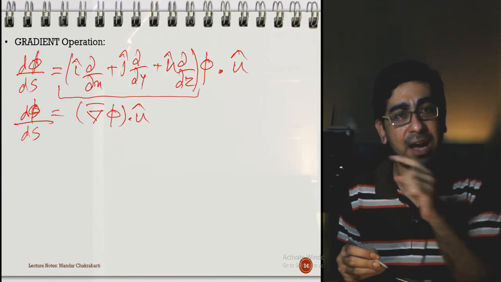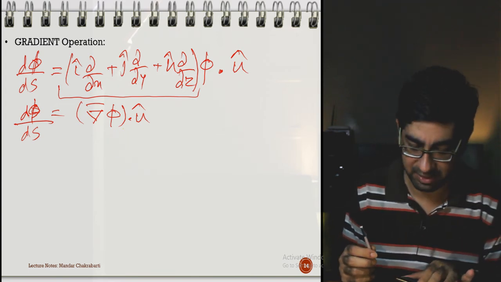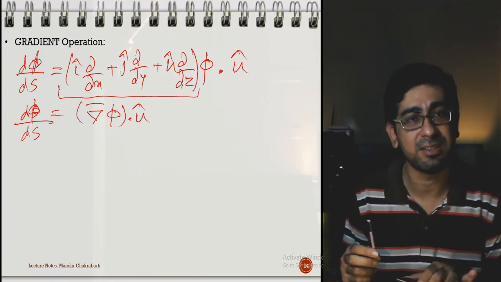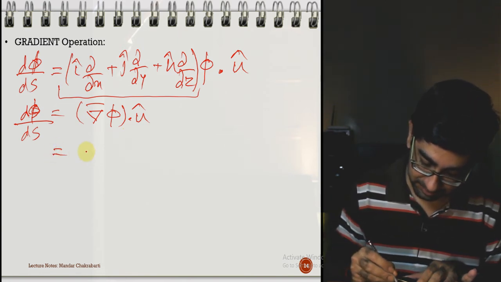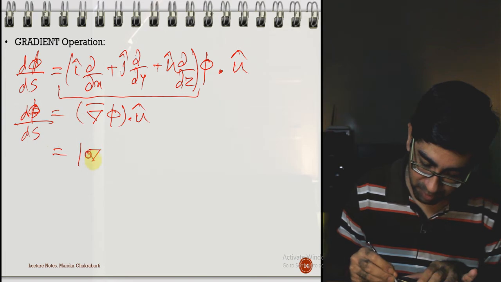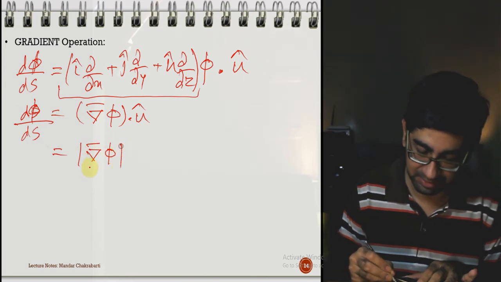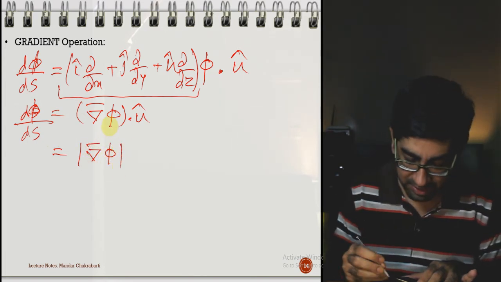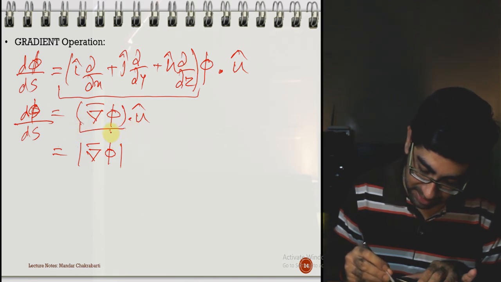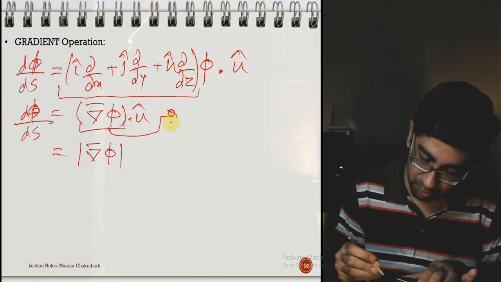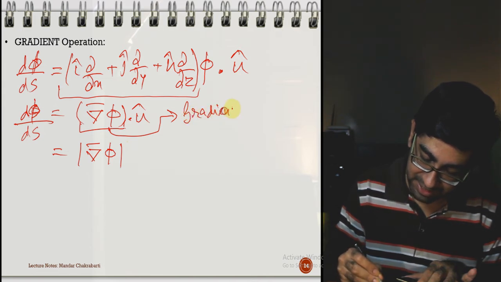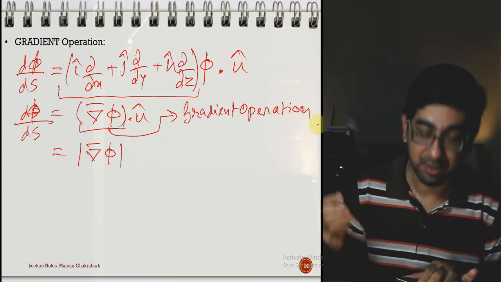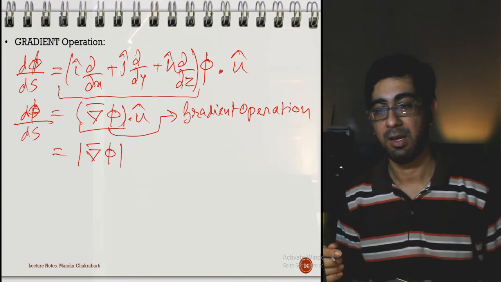A dot product of two vectors can result in a different result. This is the magnitude of this one. This one is known as the gradient operation.